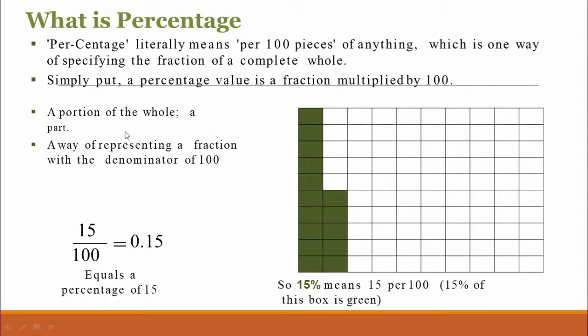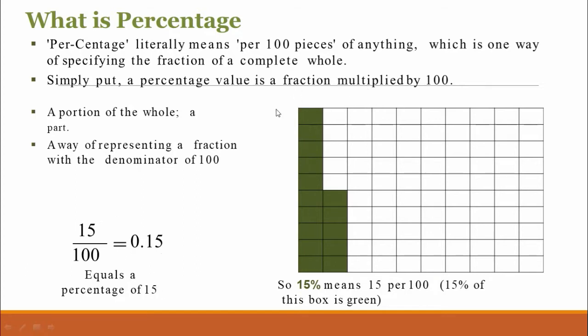It is a portion of the whole, a part, a way of representing a fraction with the denominator of 100. So 15 by 100 is the fraction form, and 0.15 is the decimal form. 15 by 100 is equal to 0.15, which equals a percentage of 15.